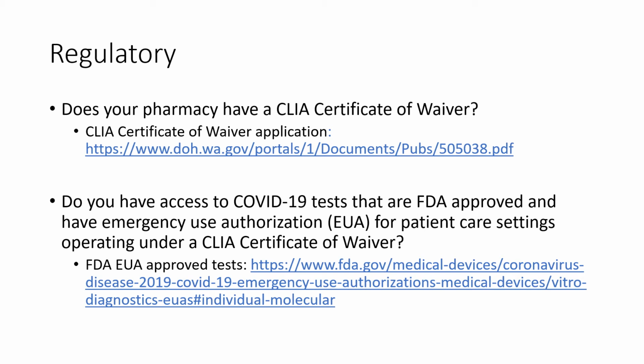Therefore, pharmacies must procure a CLIA certificate of waiver to perform any CLIA-waived tests, including CLIA-waived COVID-19 tests. This is very important if you are considering offering point-of-care antigen testing, as you will need a CLIA certificate of waiver to do so. If you already have a CLIA certificate of waiver, you need to update it to include COVID-19 testing.